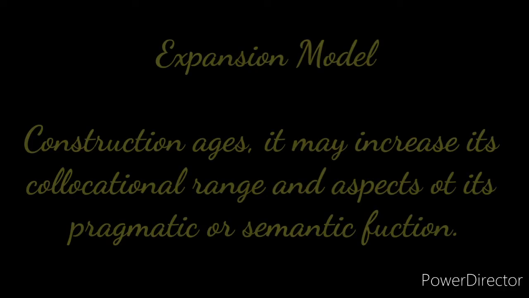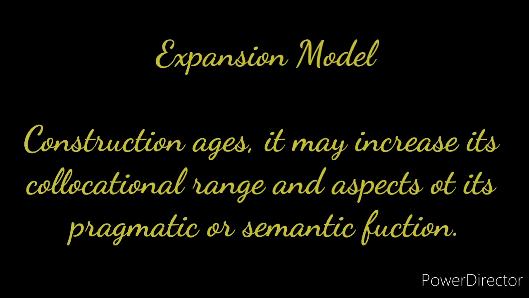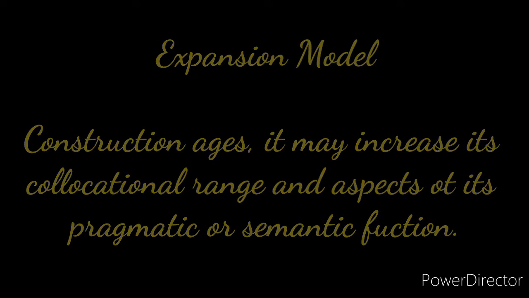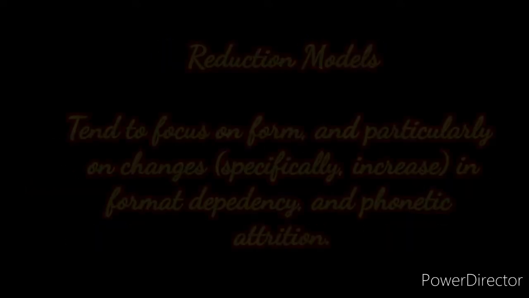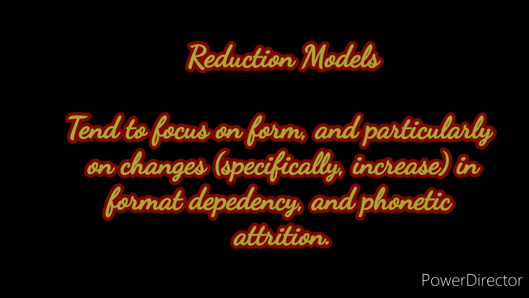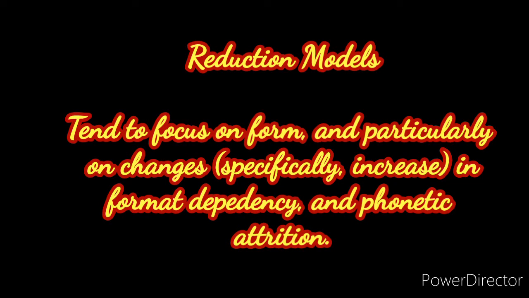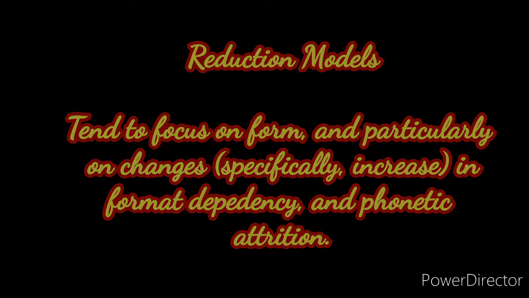Expansion models of grammaticalization observe that as a construction ages, it may increase its collocational range and aspects of its pragmatic or semantic function. Reduction models of grammaticalization tend to focus on form, and particularly on changes in formal dependency and phonetic attrition.